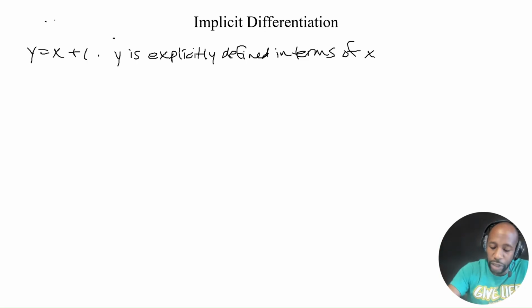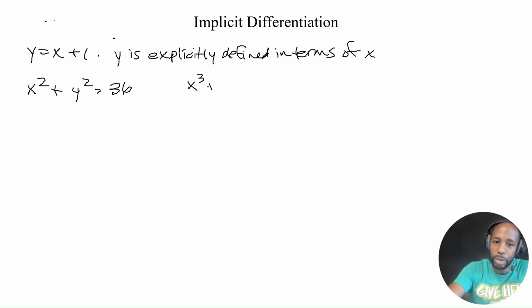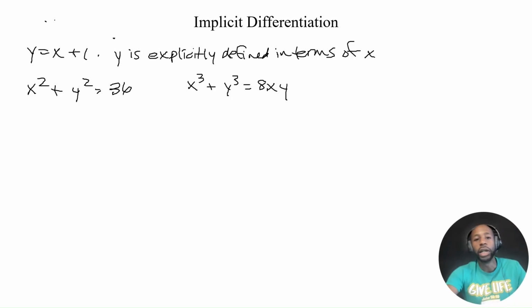So, for example, here are a couple of equations. If you have x squared plus y squared equals 36, or you have x cubed plus y cubed equals 8xy. Okay, so x squared plus y squared equals 36. Of course, that looks like the Pythagorean theorem.